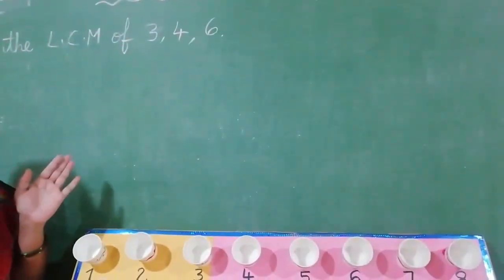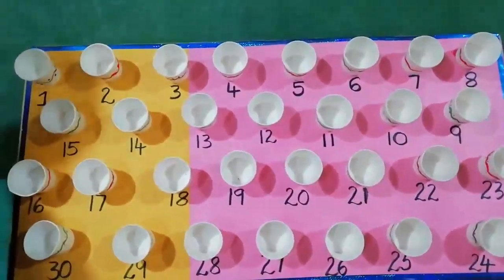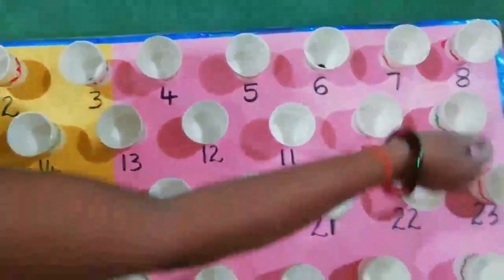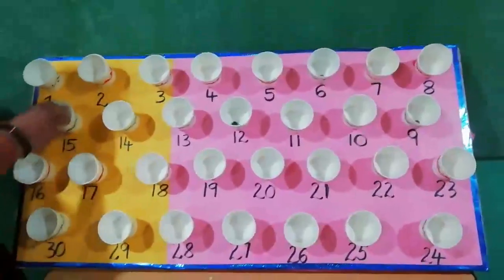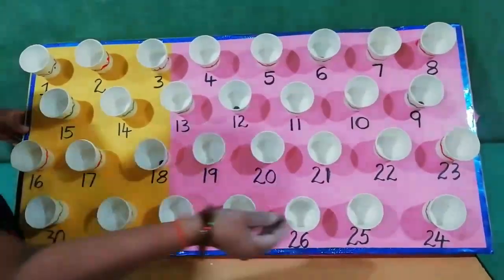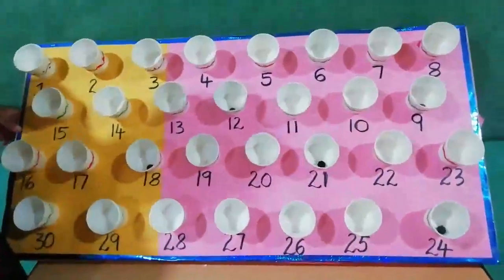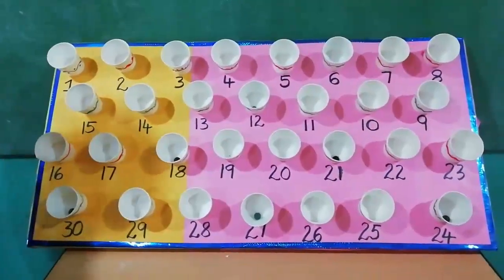First we write the multiples of 3. 3 1s are 3, 3 2s are 6, 3 3s are 9, 3 4s are 12, 3 5s are 15, 3 6s are 18, 3 7s are 21, 3 8s are 24, 3 9s are 27 and 30. These are the multiples of 3.